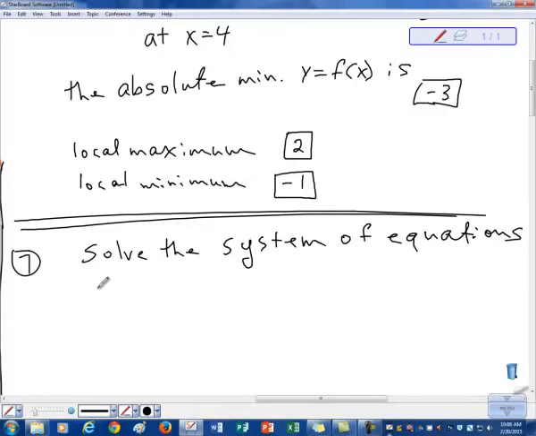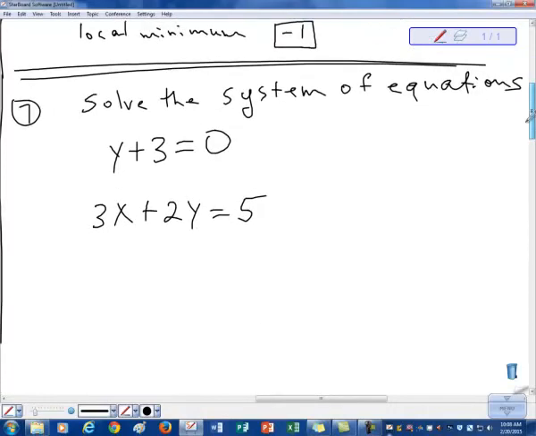And let's say that we have here y plus 3 equals 0, and we've got 3x plus 2y equals 5.